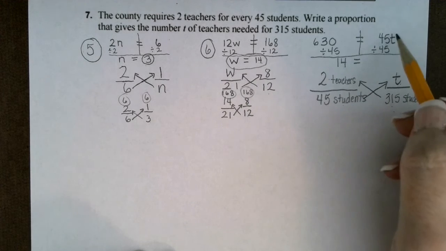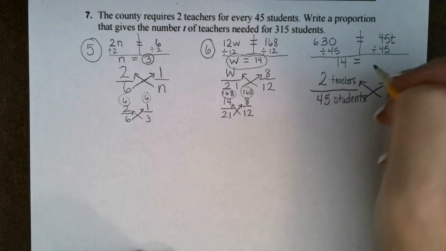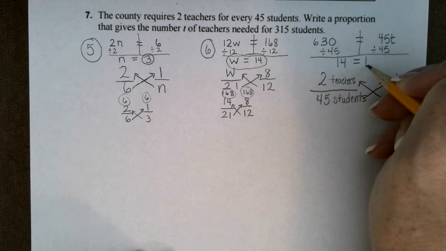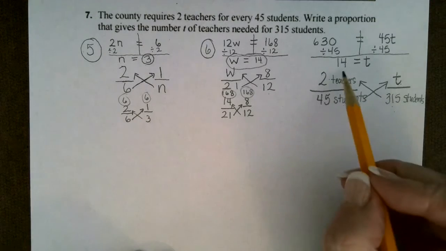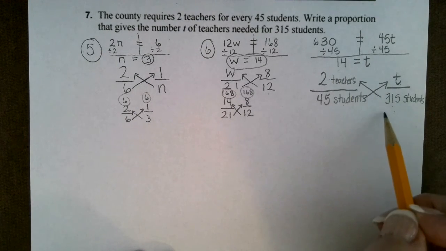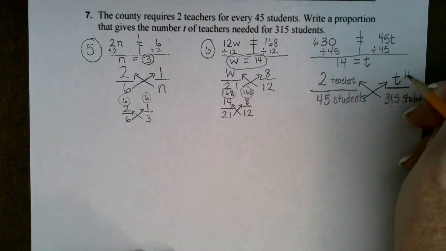And then on the other side, I have 45 divided by 45, which is 1T. So I just write it as 1T. So the number of teachers that I need for 315 students is 14.